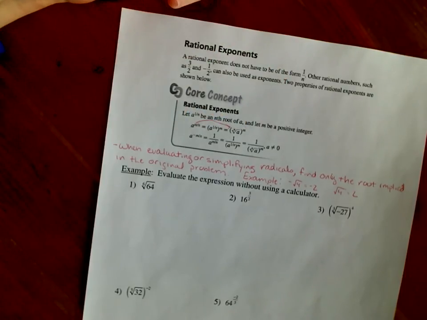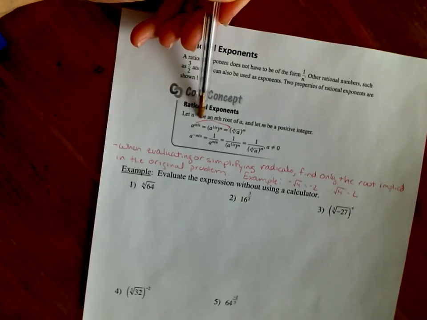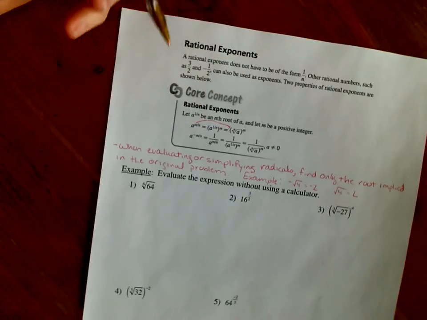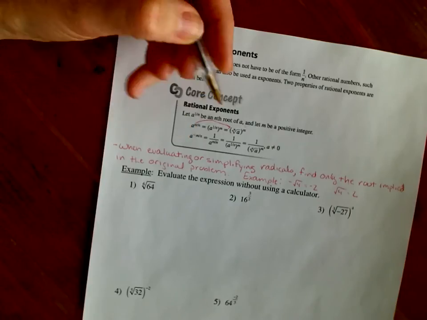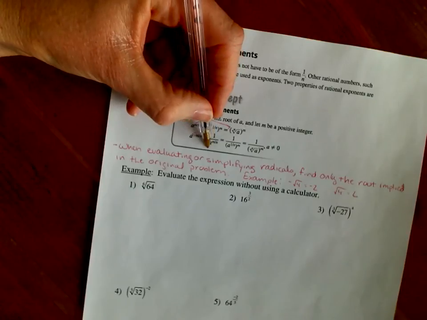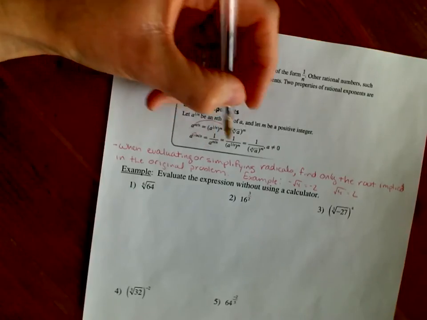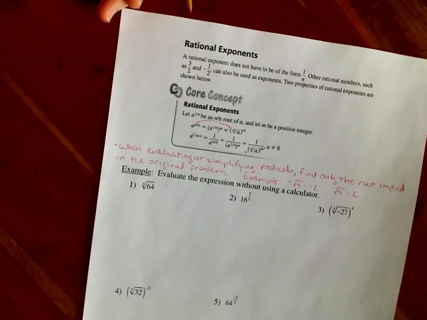When you're simplifying rational exponents, it is actually easier to change the rational exponent to radical form. Another rule we need to remember is if we have a raised to a negative exponent. Remember, the negative part of an exponent really just means the reciprocal of. So I would take care of that part first and then switch to radical form.